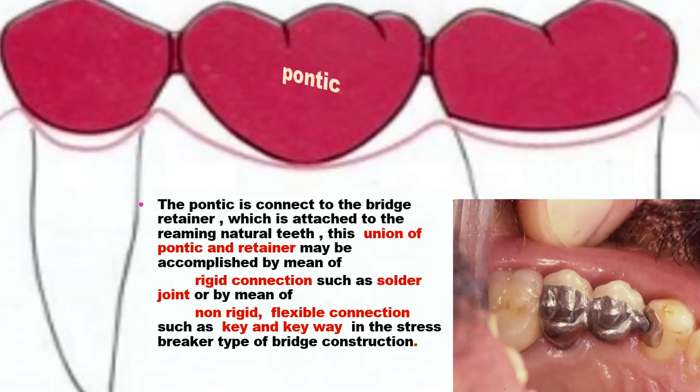Flexible or non-rigid such as a key and keyway, stress breaker type، وتكلمنا عليها بالريتينر. مثل ما نشوف هذا pontic, it might be connected to the retainer through a flexible connection, key and keyway, stress breaker device, or through a rigid or solder connection. The pontic could be attached to the retainer or could be attached to another pontic.